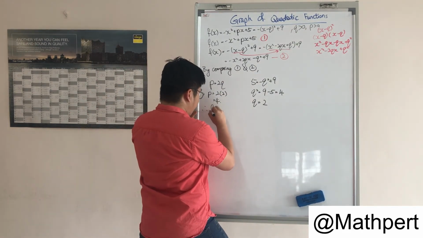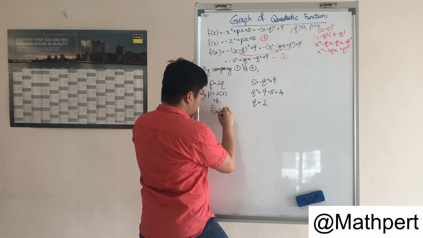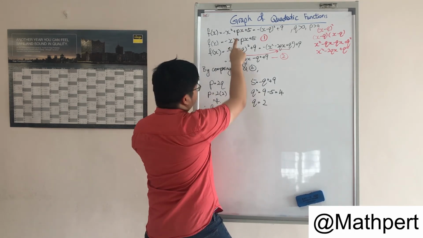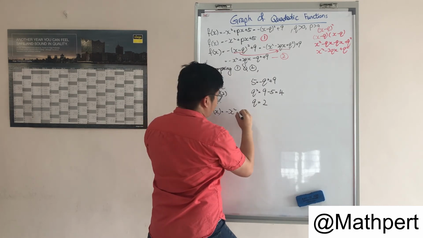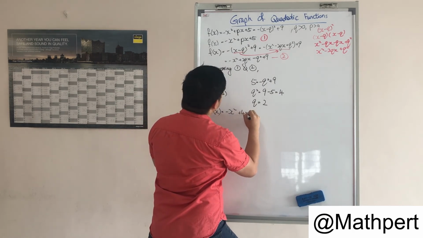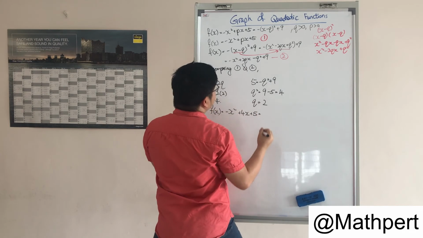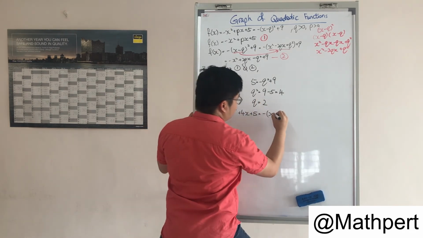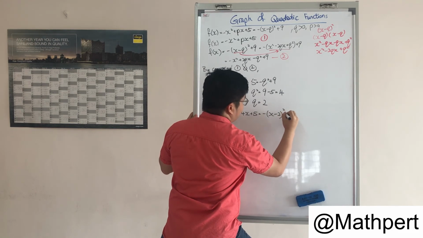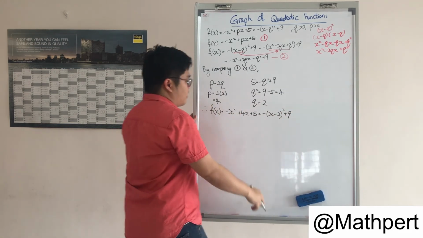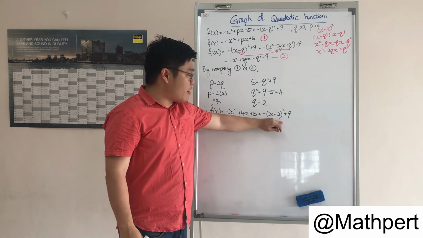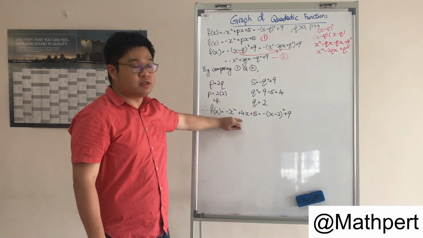Therefore, f(x) is equal to minus x squared plus px, p is 4, plus 4x plus 5 equals minus (x minus q), q is 2, squared plus 9. This is the completing square form of this quadratic function.